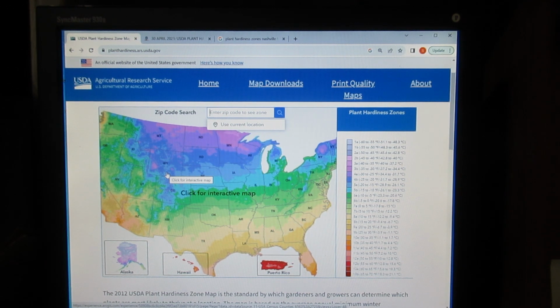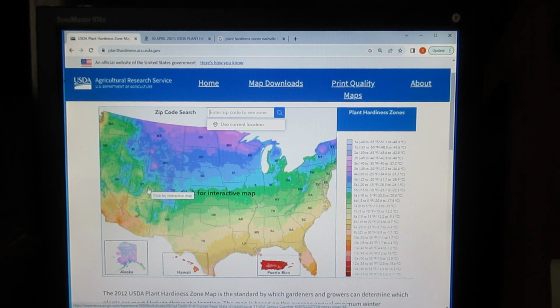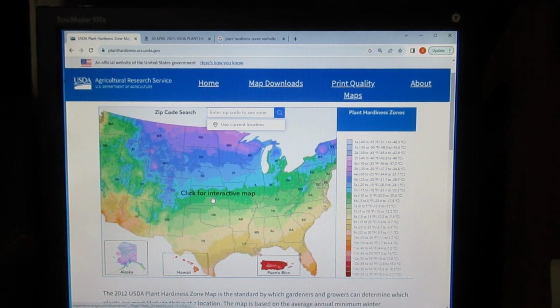Now, how do they get this really pretty, colorful map? All across the United States, Alaska, Hawaii, Puerto Rico, are just hundreds and hundreds of recording data points of cold weather. They take all those points, they average them out over a certain period of time, then they go back and they assign values for certain areas.